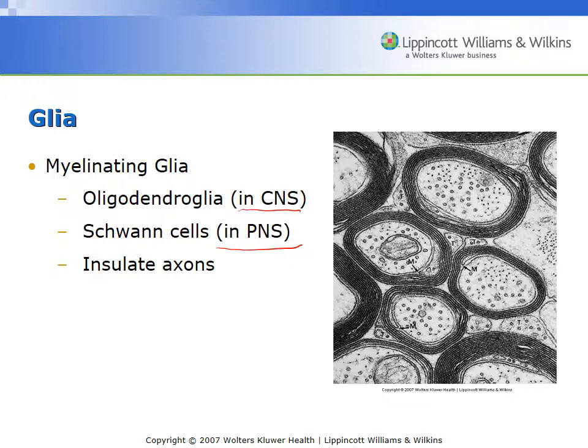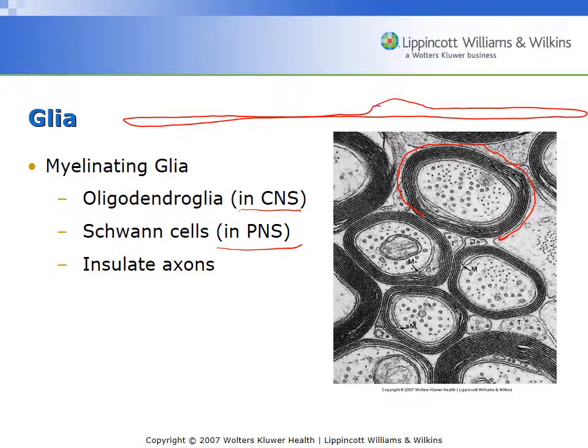As you can see on this picture, we have these concentric rings of myelin sheath. This is actually a single flat cell. Let's say this is the cell body. It's basically something like this that wraps its membrane around an axon, and this would be the wrapped up oligodendroglia around the axon.